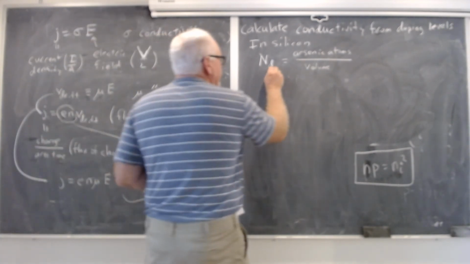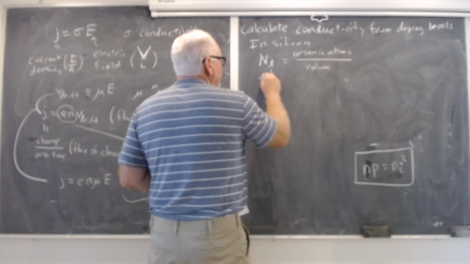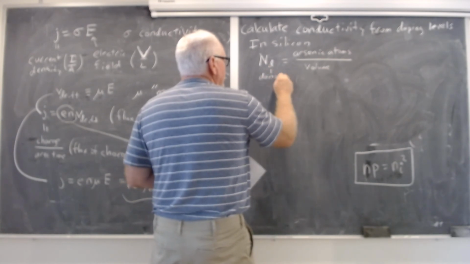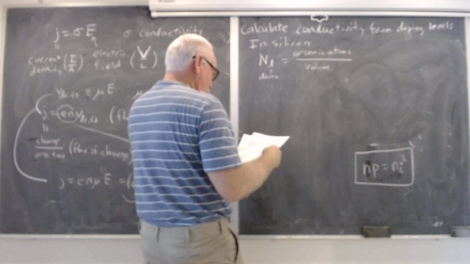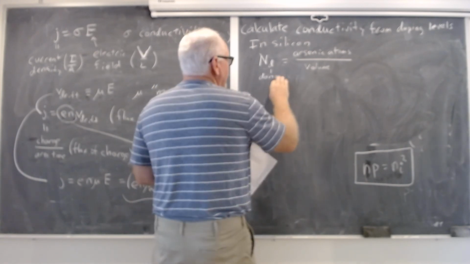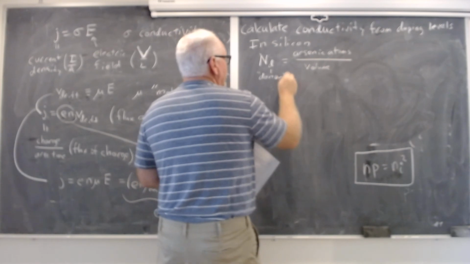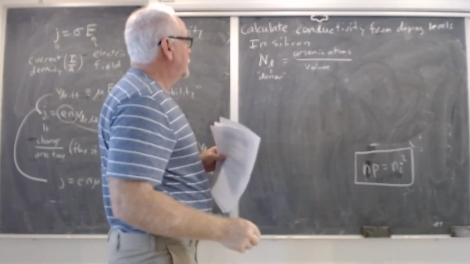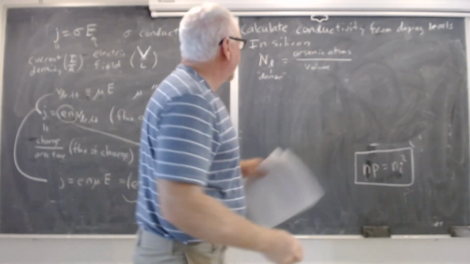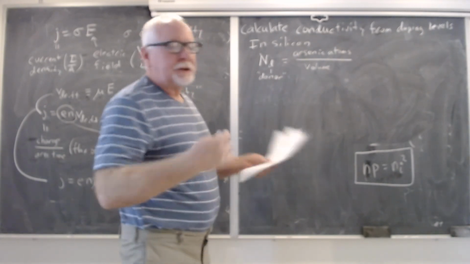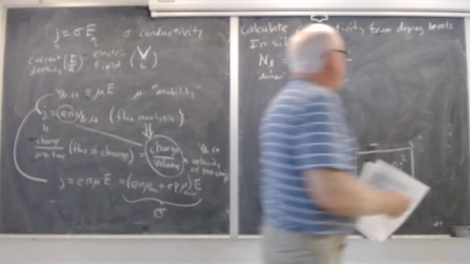The D stands for donor, because they donate an electron. So it's the density of n-type dopant atoms.